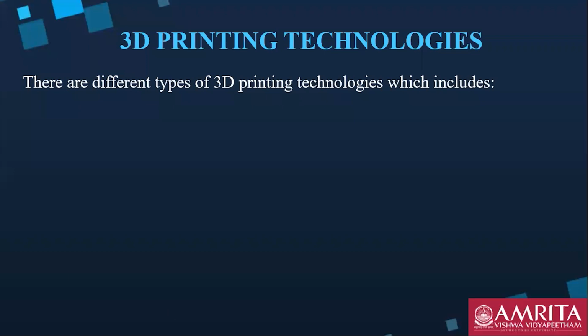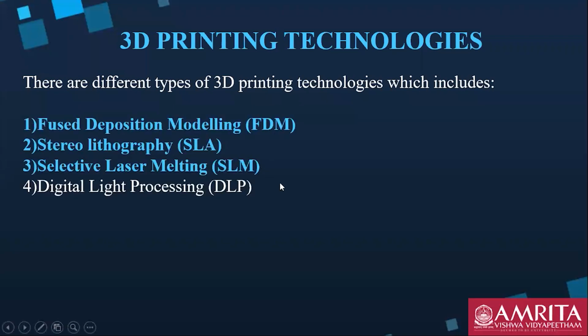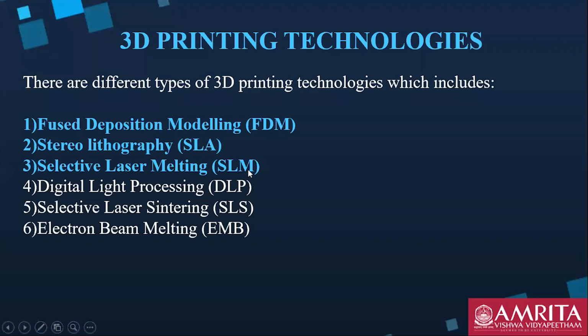There are different types of 3D printing technologies available to date. There are many, and a few of them are as follows. First is fused deposition modeling, which we also call FDM for short.